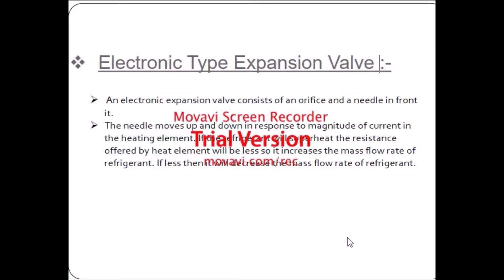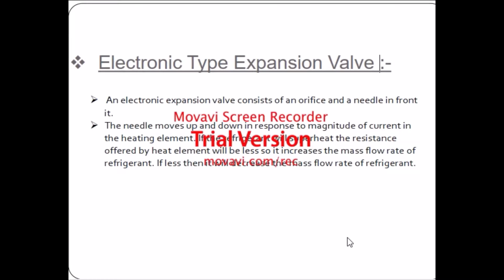If the refrigerant is superheated, the resistance offered by the heating element will be less. So how to control the volume? The sensor will read, and then the element will work. First, the sensor will give information to the heating element to give the resistance or to go higher.